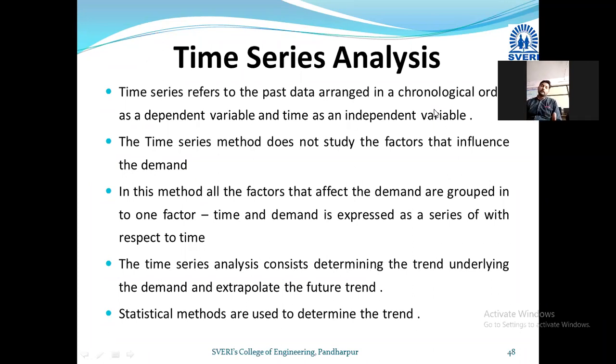As I have given an example, something happens in a market, and because of that some positive or negative effects happen on the sell demand of your product. Let us say in the lockdown period, all the companies' manufacturing was closed, and the demand for two-wheelers and four-wheelers suddenly collapsed, and these effects are not considered in the analysis.